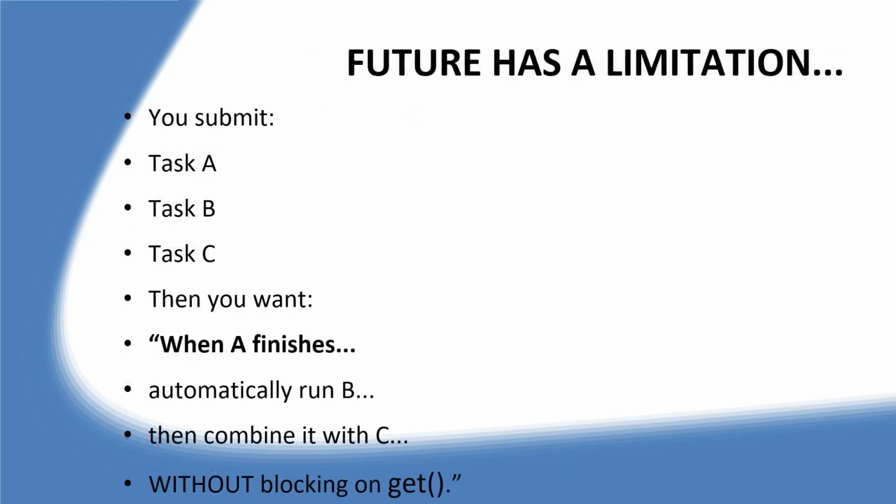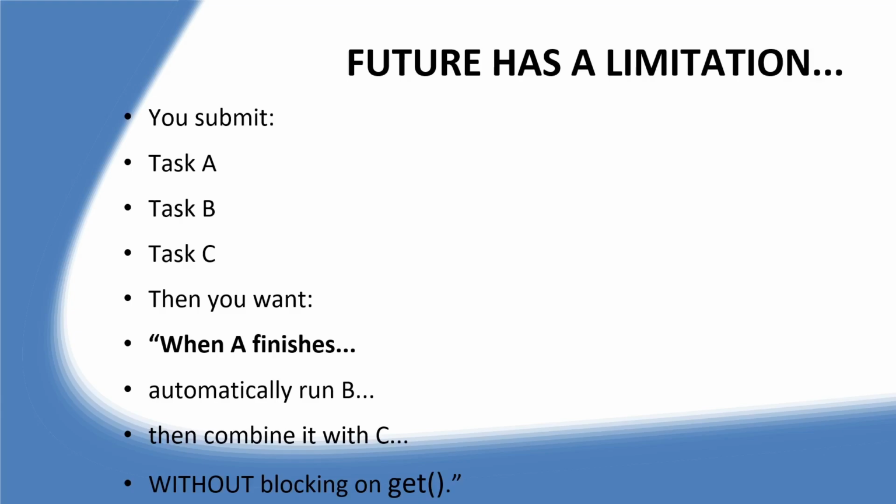So Future has some limitations. Callable and Future allow us to execute tasks asynchronously and get the results, but traditional Future has limits. What if we want to automatically start another operation when the first task completes? Or what if we want to combine the results of multiple asynchronous tasks?